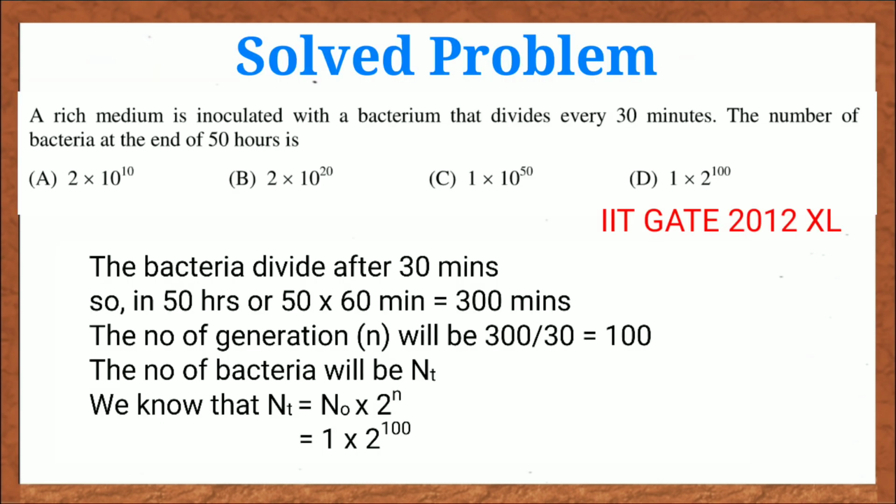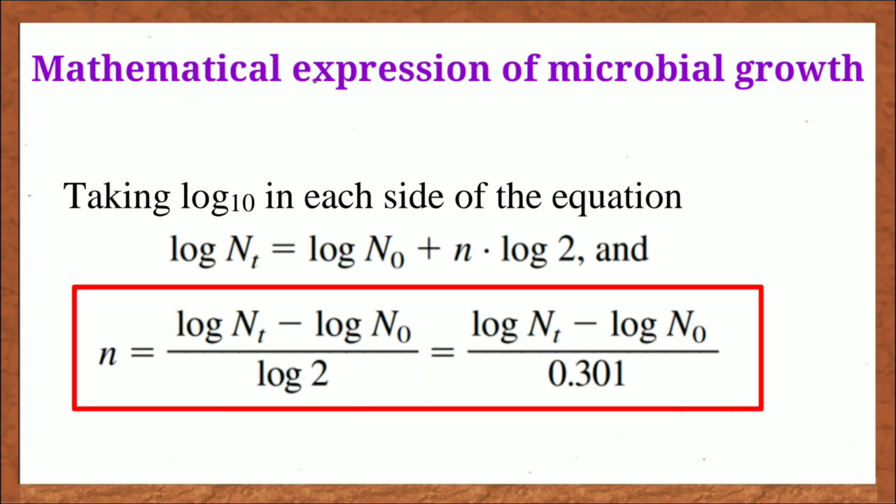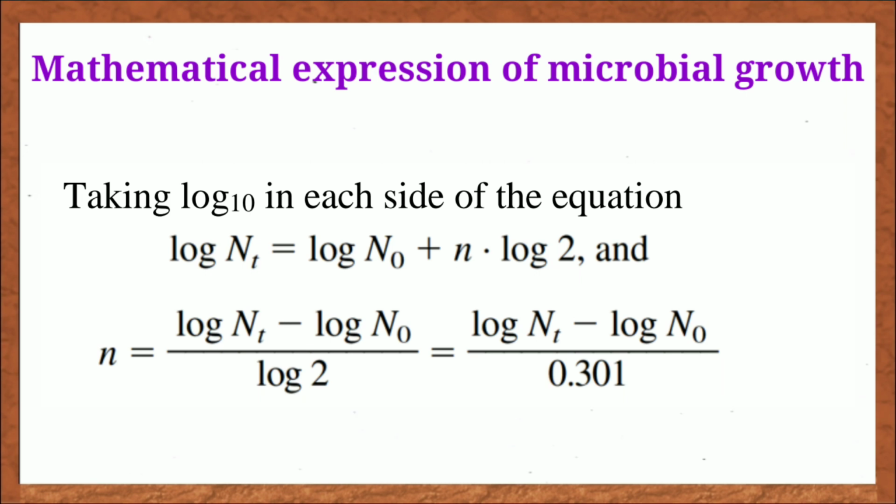Here I have solved one problem. In this problem, the value of N0 and the number of generations, that is N, is given and you have to calculate the value of NT. I have used the equation that I have described earlier. You can also calculate the number of generations completed by a bacterial culture with this equation.